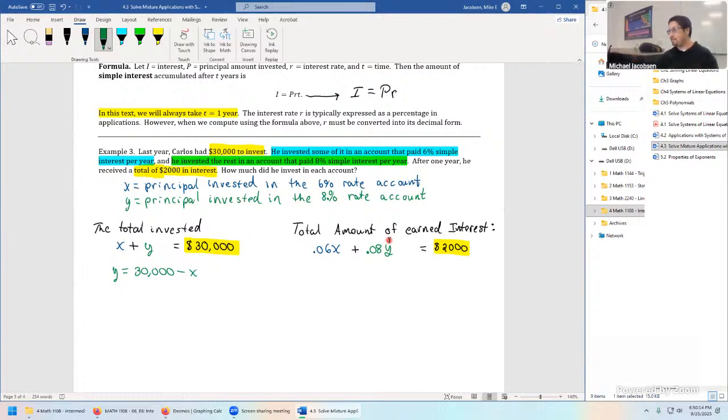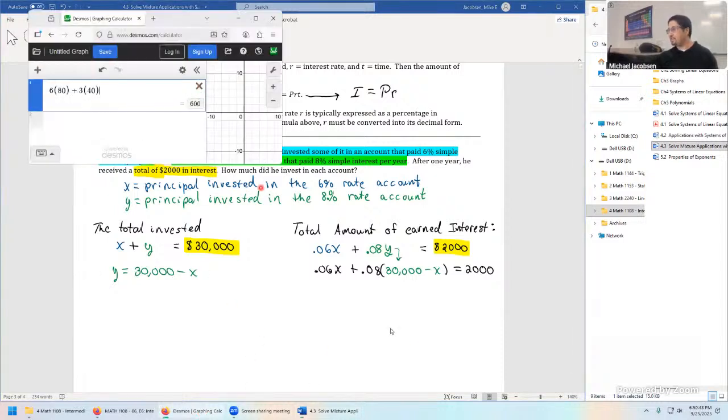Now, once we get to that point, we're going to have 0.06x plus 0.08. But right exactly where y is, we put down this expression, 30,000 minus x, is set equal to 2,000. Now, not a bad time to reach for a calculator on this one.